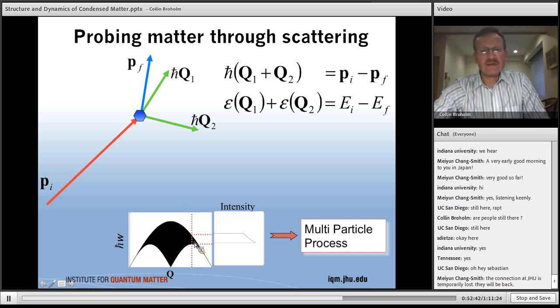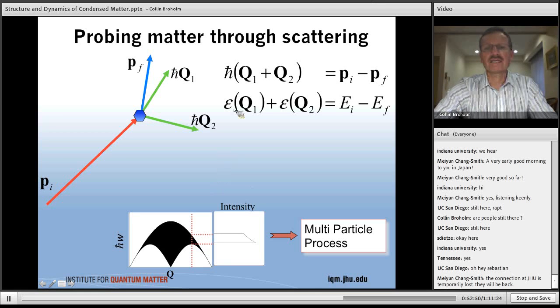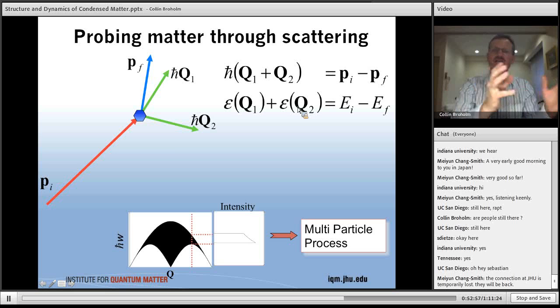So for any given momentum transfer, there'll be some range of energy transfers that is possible given the dispersion relation for the underlying quasi-particles, EQ1 and EQ2. And this can actually be calculated if I know what those underlying quasi-particle dispersion relations look like.